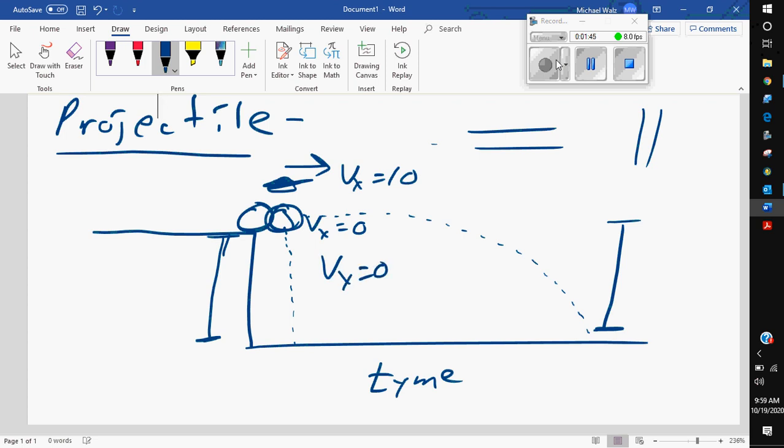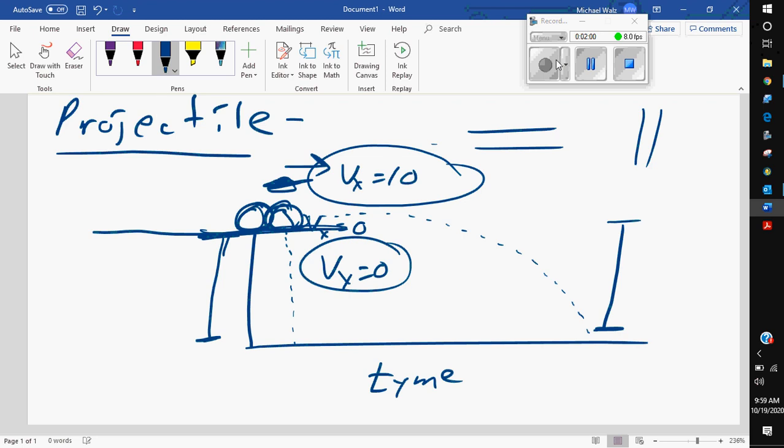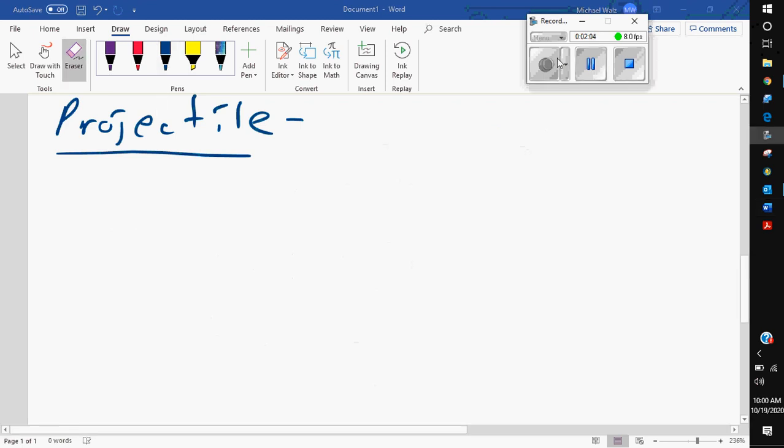That's to remind you that no matter what's going on in the x, it doesn't affect what's going on in the y. So a ball that's dropped and a ball that's pushed out at 10 meters per second, as long as they start at the same level, fall and hit the ground at the same time.